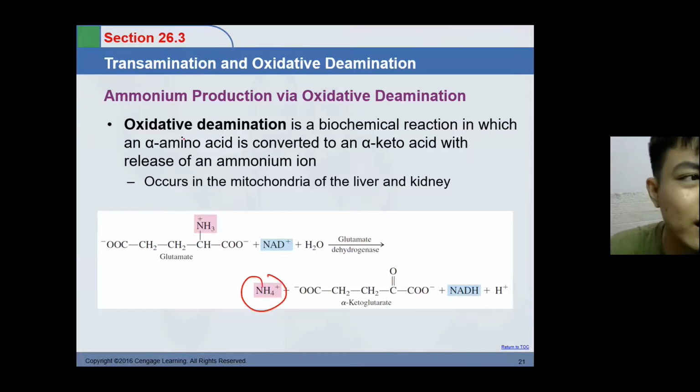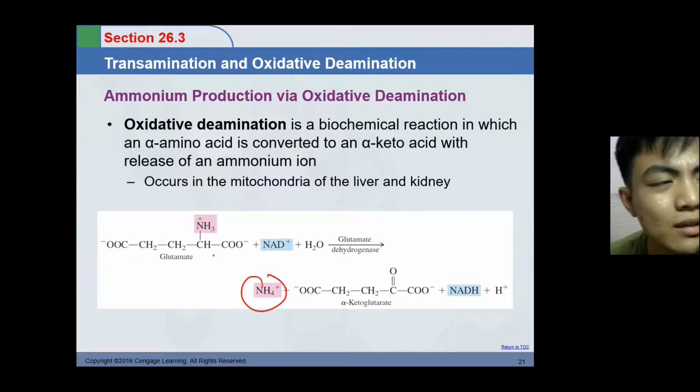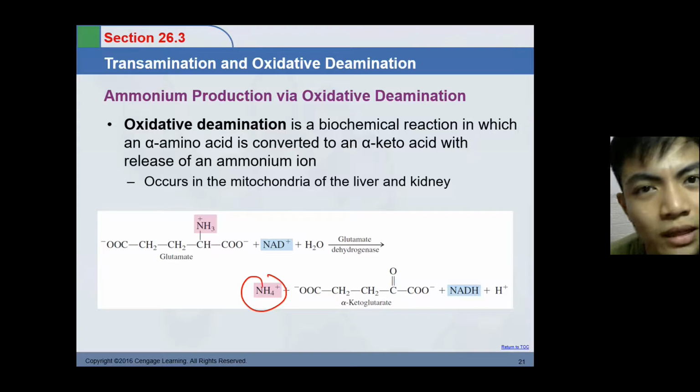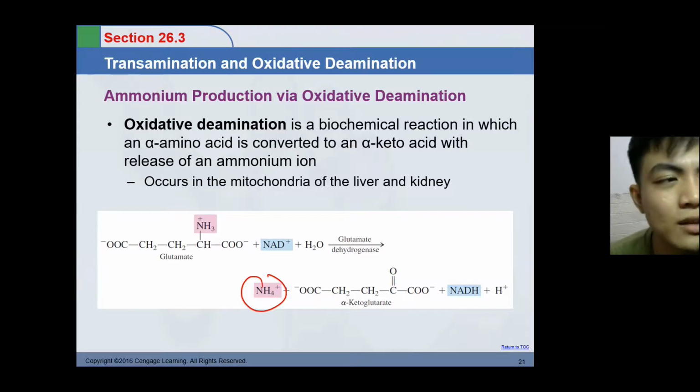So that's oxidative deamination. So anong pinagkaiba niya sa transamination? Again, kapag transamination, yung carbonyl and yung amine magsuswap. However, for oxidative deamination, walang swapping na nangyayari. Rather, puputulin mo mismo yung amine in order to produce ammonia.